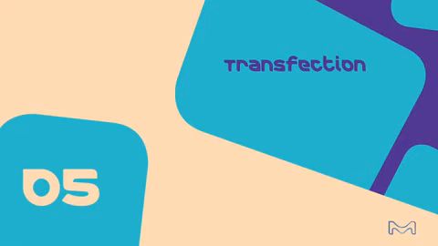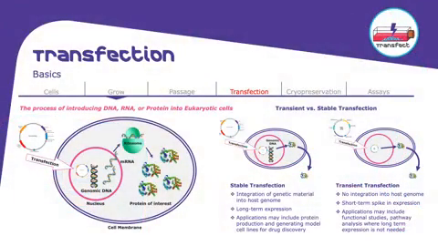There are a number of manipulations you can do with the cells once they're growing and once you achieve the number of cells you need for downstream applications. We wanted to give you just one example of what you can do with the cells, and that would be transfection. As you know, transfection is a process to introduce DNA, RNA, or protein into eukaryotic cells.